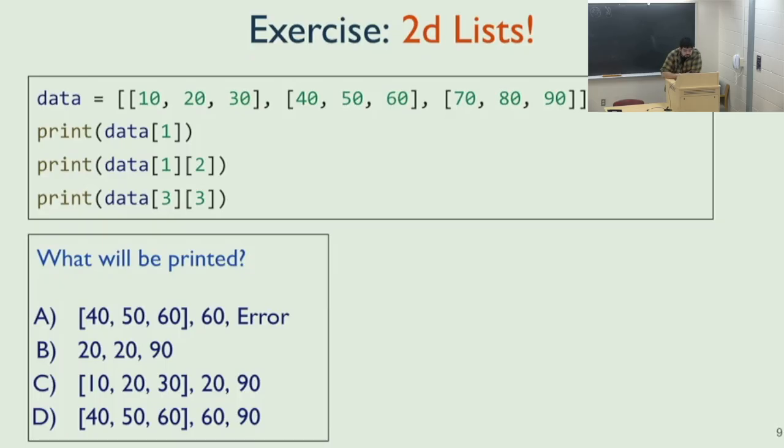Because data 1 just prints out the whole list on index 1, which is 40, 50, and 60. Okay, great. And then data 1, 2 prints the index 2 in that list, which would be 60. And then 3, 3, since there's no list in that index, we'll just give an error. There's no data at position 3. Because data is 0, 1, 2, there's no 3. Because of that, it immediately goes into error. Great. It's A. Does that make sense for everyone?